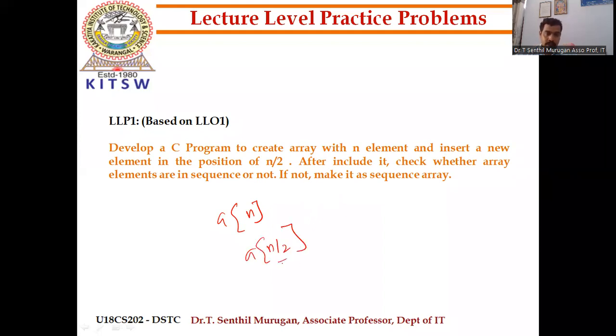To insert at this position, you have to find the position and shift the values up to it. Finally you can find this position and assign the value. After assigning the value you have to check that all values are in ascending order. If it is ascending order, no problem, otherwise you can make it ascending. Okay.